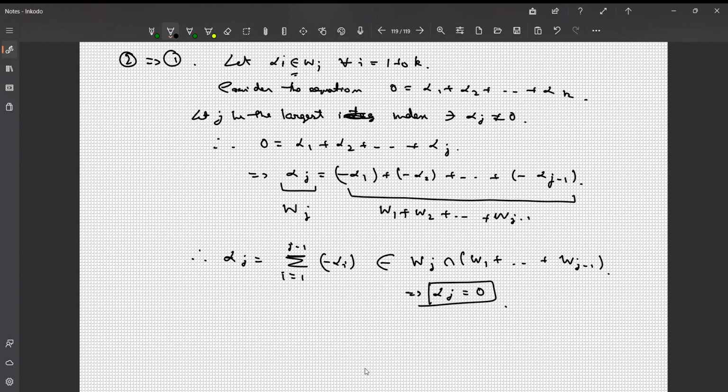Now the only possibility is that alpha j minus 1 is non-zero, because if alpha j is 0, then j minus 1 becomes the largest index such that alpha j minus 1 is non-zero. But on an analogous set of steps, you will again reach that alpha j minus 1 is 0. So proceeding in this form, you will get to the fact that each vector from alpha 1 to alpha j minus 1 to alpha j is also 0, right? So this is the end of the proof.